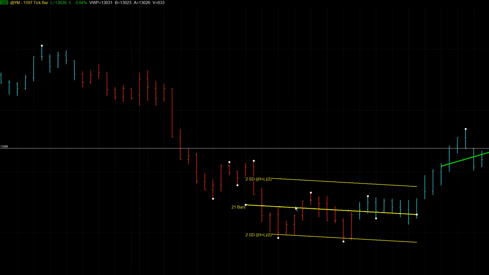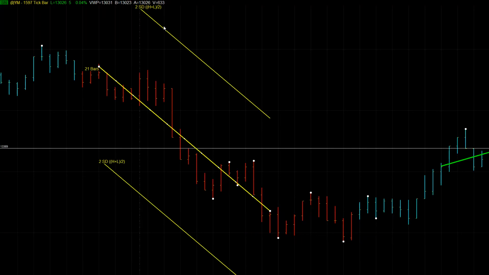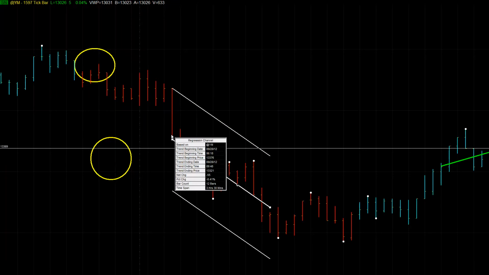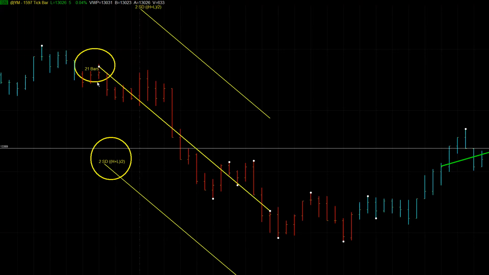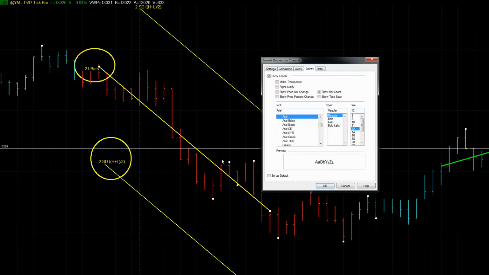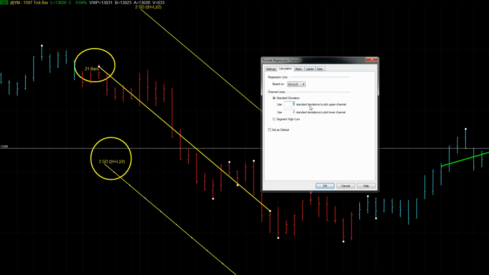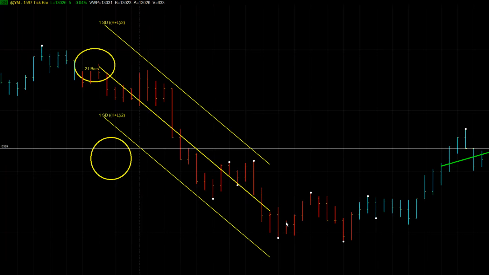What we get here is a standard deviation, and that is why it's important to have the 21 bars and the 2 standard deviations. Look what happens when you shrink either the number of bars, our channels shrink, or if you change the standard deviations to, say, 1, it gets much tighter.